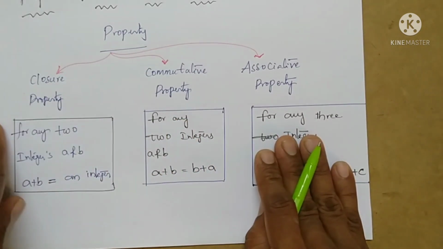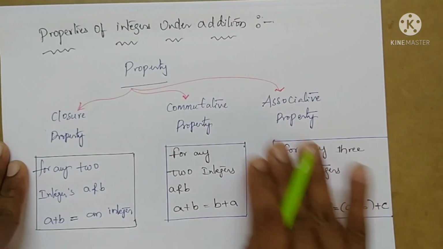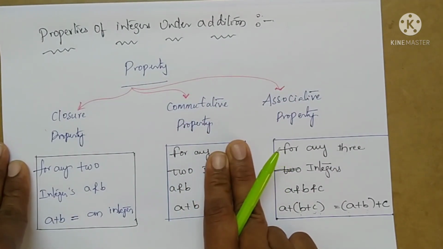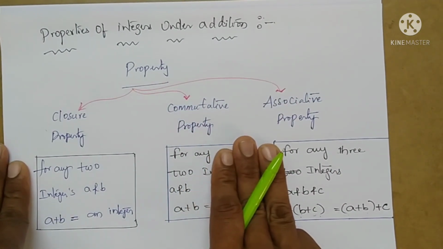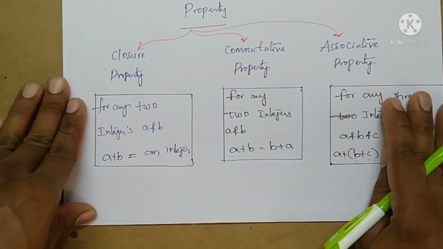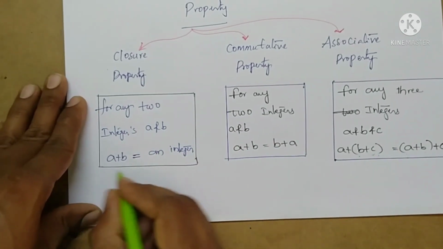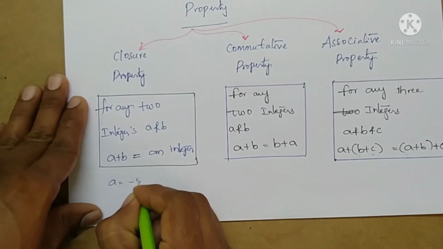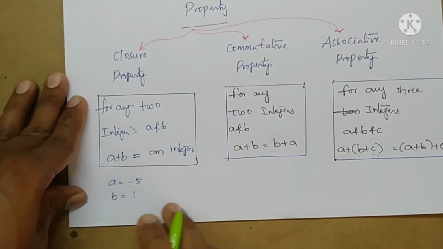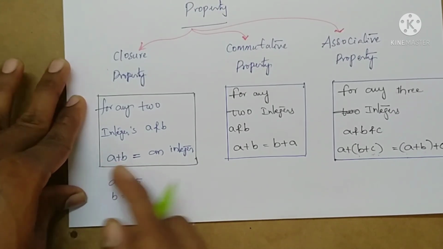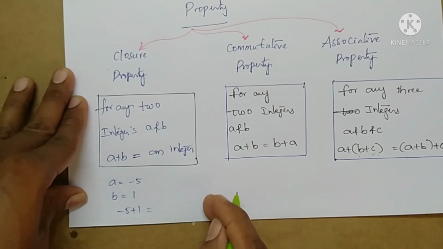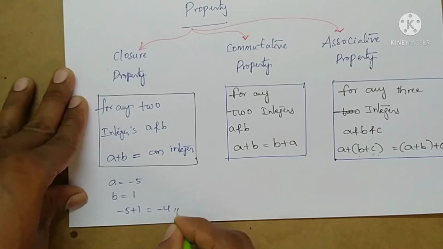So these are the three main types of properties under addition of integers. The first one is closure, next is commutative, and next is associative. What does it mean that a plus b is an integer? Let's take a equals minus 5 and b equals 1. So a plus b is minus 5 plus 1, which is minus 4, right?